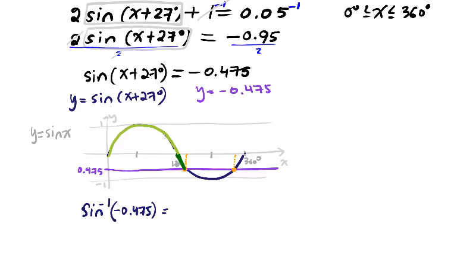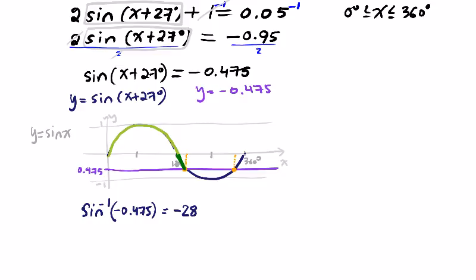What we get is negative 28.359. We'll round that to the nearest whole angle, just to make this example easy to follow.